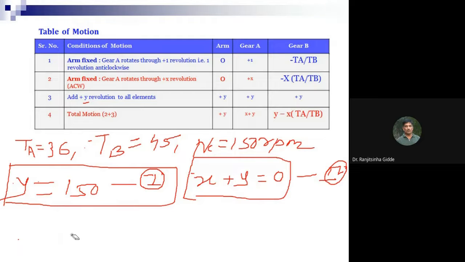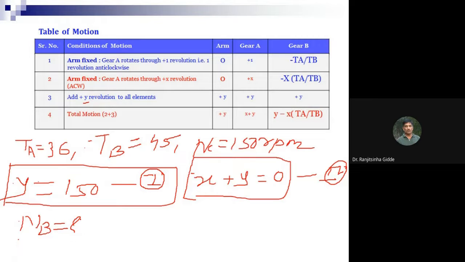If the arm rotates at 150 RPM in the anticlockwise direction about the center of gear A, which is fixed, gear A is fixed असं दिलंय, and the arm कितीने rotate होते, 150 RPM in the anticlockwise direction, determine the speed of gear B. So we need to find out the speed of gear B. That means we need to find out this NB, the value of NB.